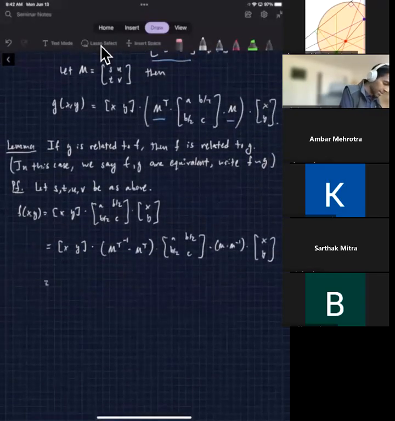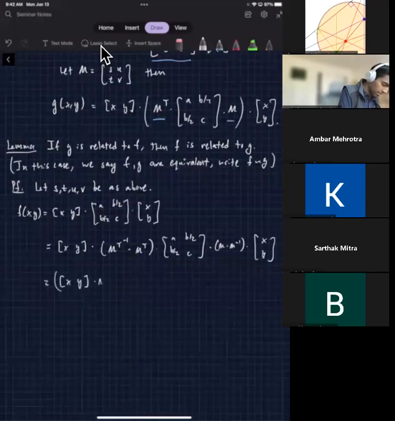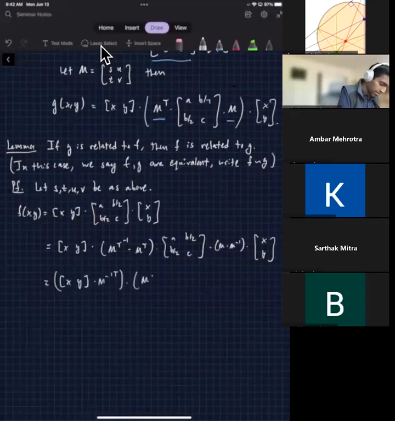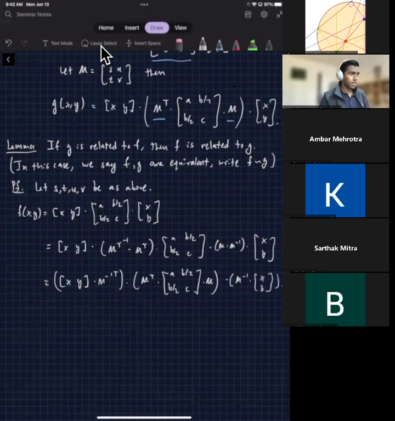And then associativity gives us that this is (x, y) times M inverse transpose times M transpose (a, b/2; b/2, c) M times M inverse (x, y). Now you might recognize this as the matrix corresponding to G, so that's good. And now we can calculate.